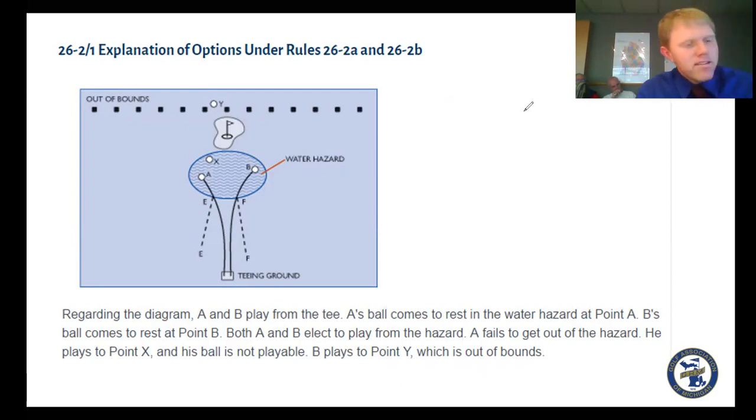I guess because it's about Rule 26, let's bring up the Tiger Woods thing. There's a really good article that I want to show you guys that I ran into this morning. He's got all the wrong stroke and distance.